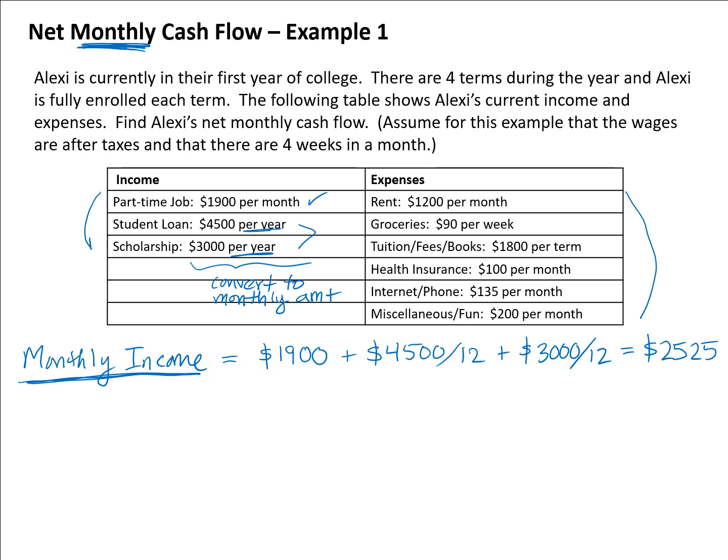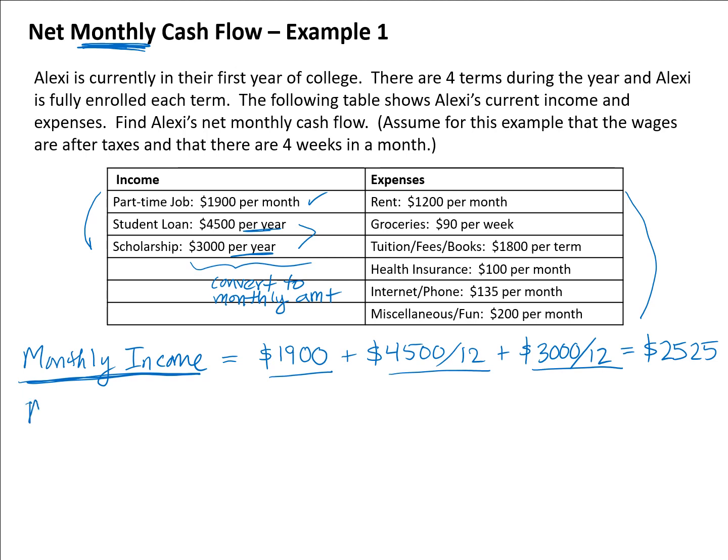Again, that's from the part-time job, $1,900, and then from the student loan and the scholarship broken up into monthly amounts. Even though Alexi gets that money during the year, the idea is that it gets used throughout the year, and we want to think about it in monthly amounts for budgeting purposes.